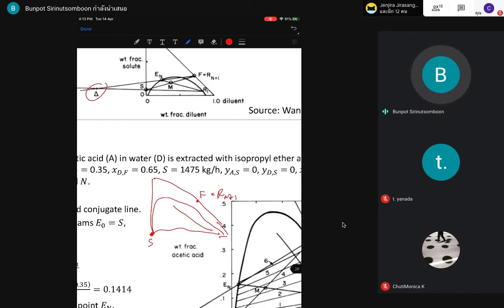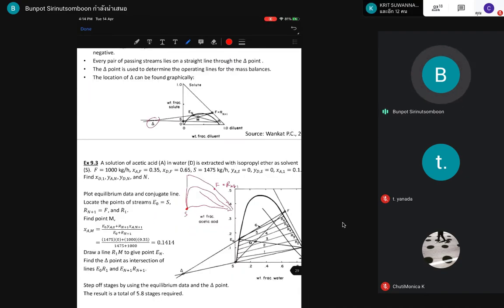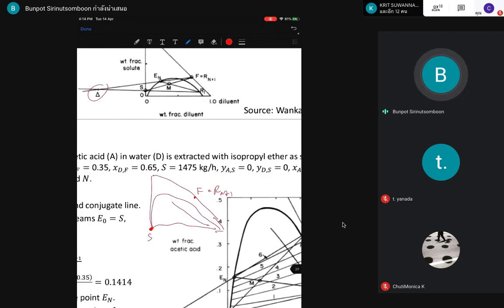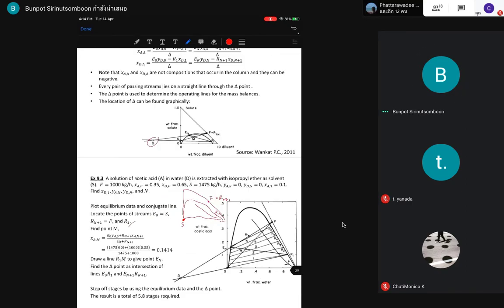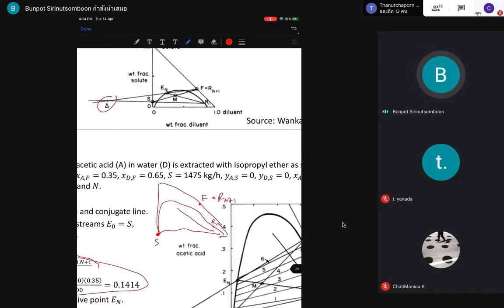And then the question tells you R1. R1 is going to be at this point. Then you can use this formula here to find xm, the coordinate of point M. Point M is maybe something like this.